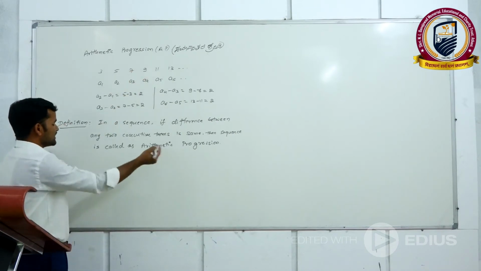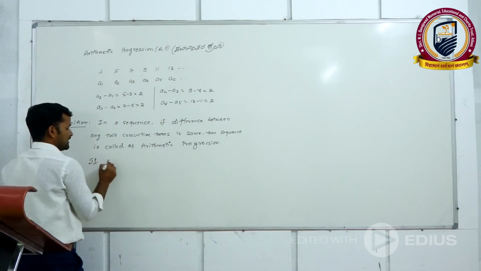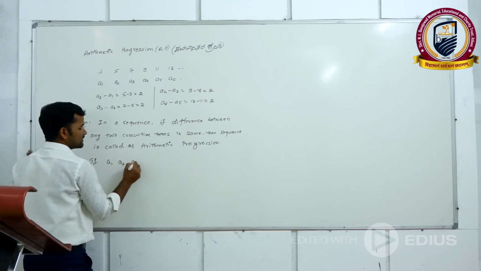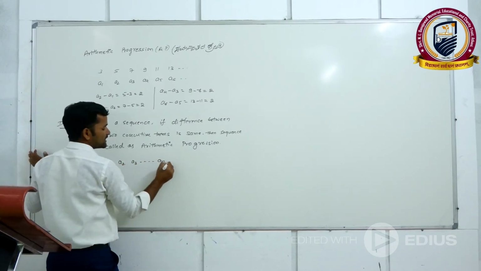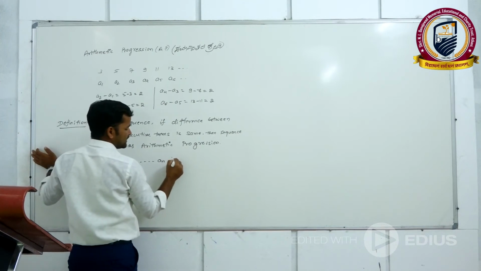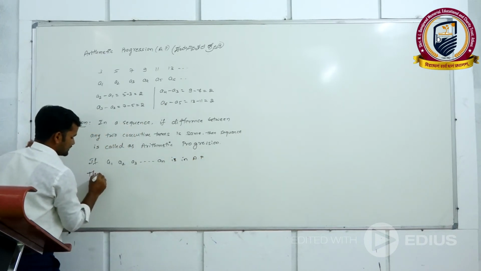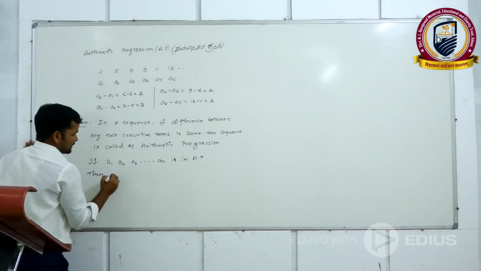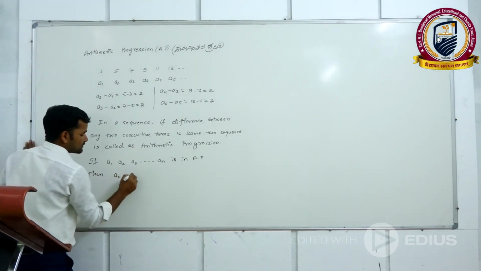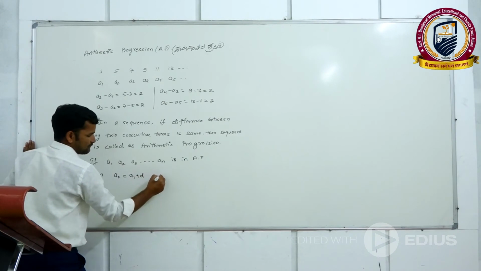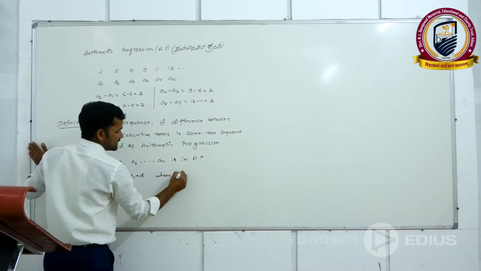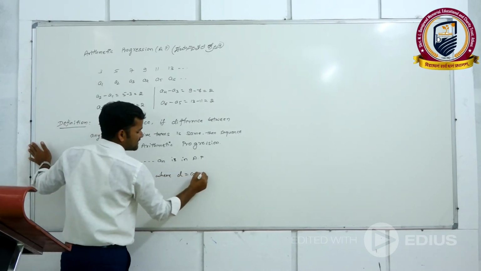Let me take another way of explaining. You see how I can get the second term from the first term, just by adding the common difference. Like that, what I can write: if A1, A2, A3, so on up to An is in AP, then A2 is equal to A1 plus D, where D is equal to the common difference.